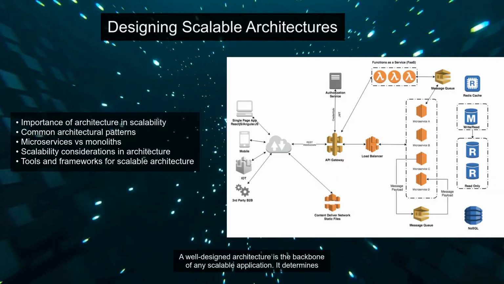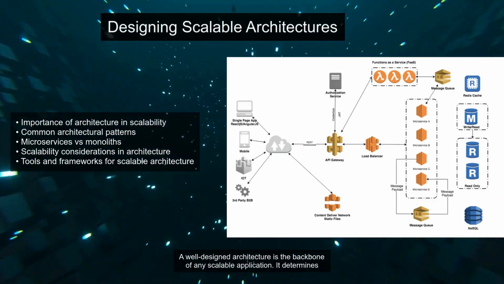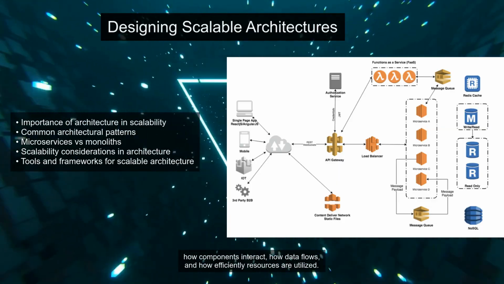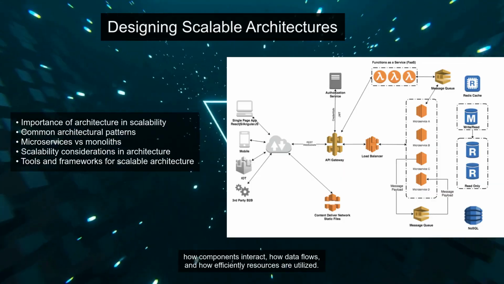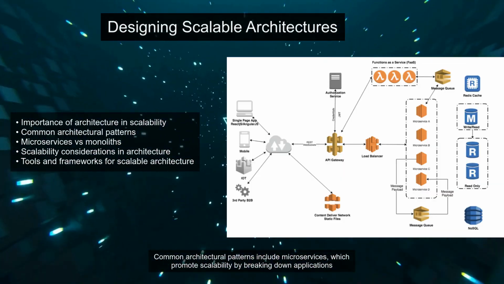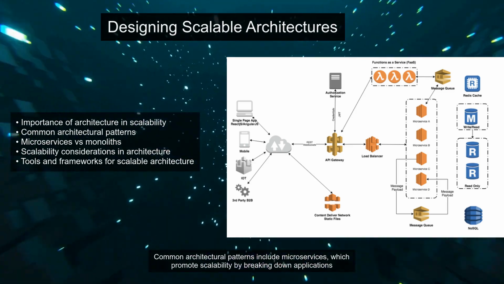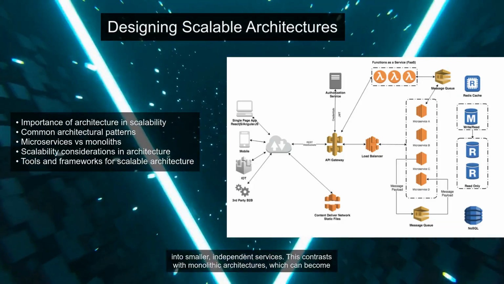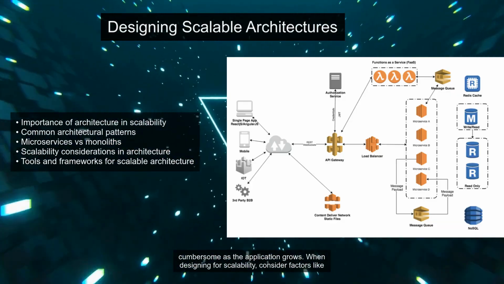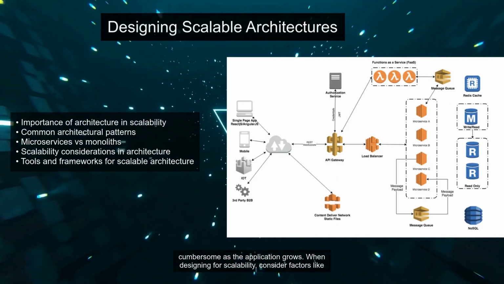A well-designed architecture is the backbone of any scalable application. It determines how components interact, how data flows, and how efficiently resources are utilized. Common architectural patterns include microservices, which promote scalability by breaking down applications into smaller, independent services. This contrasts with monolithic architectures, which can become cumbersome as the application grows.